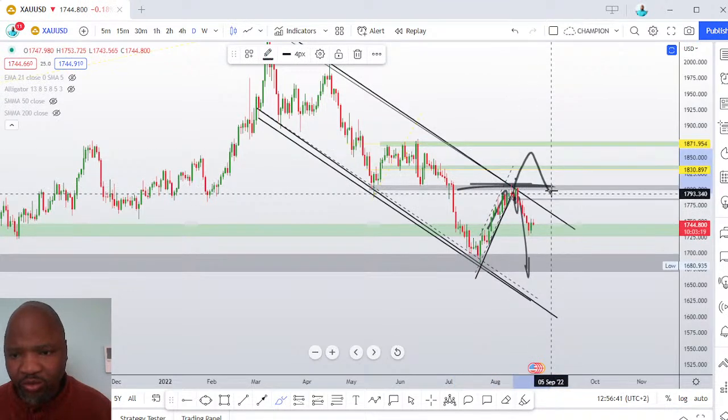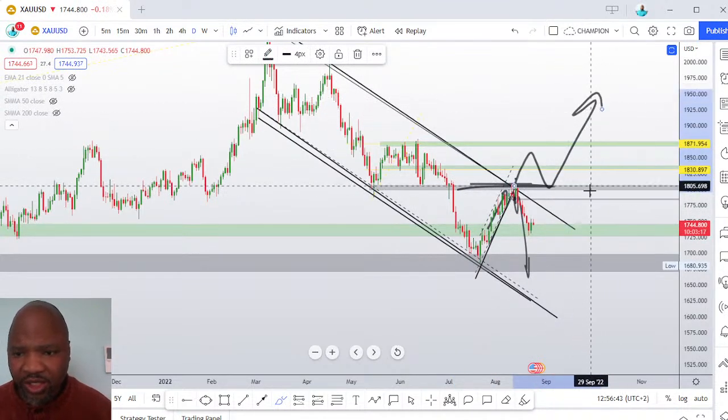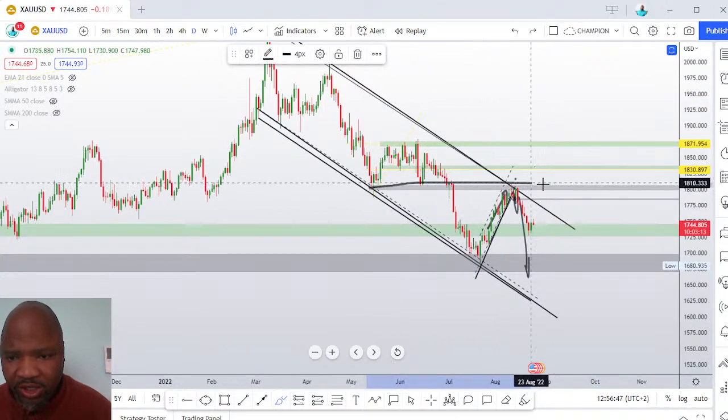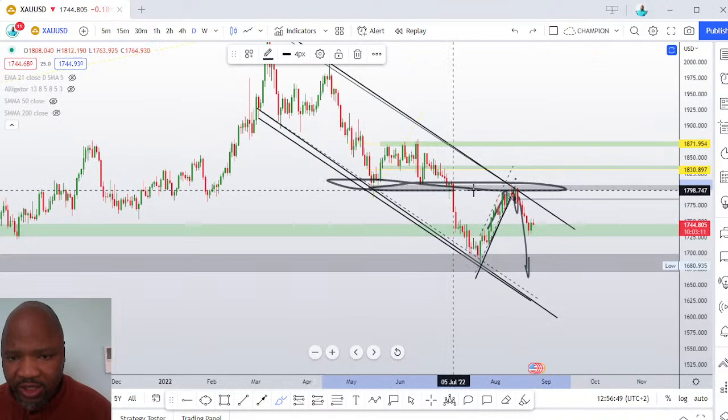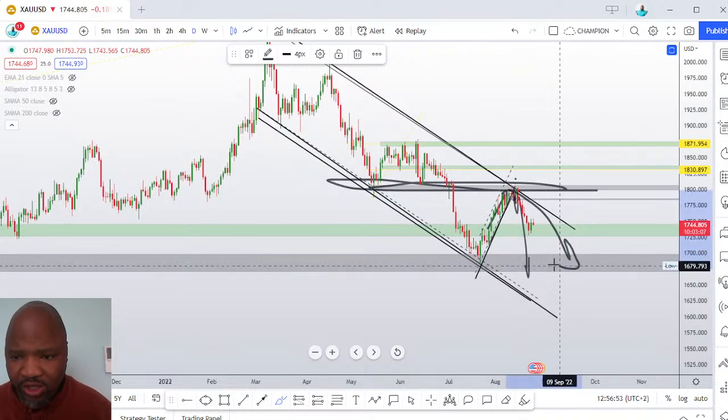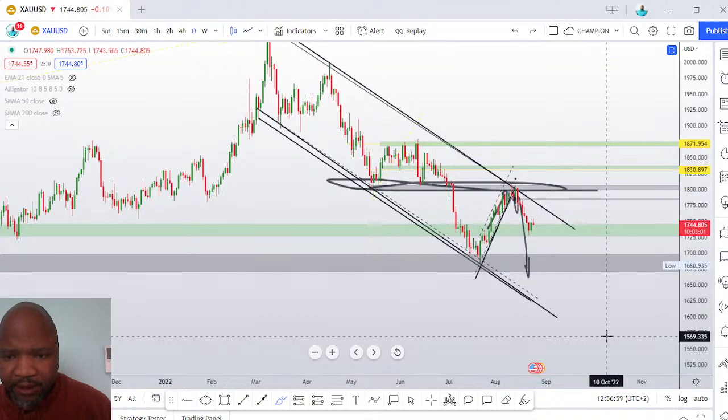We thought it could break and push towards the upside, but it clearly shows that the price was respecting this level. This level is highly respected, so the price will push towards the downside or continue with this bearish trend.